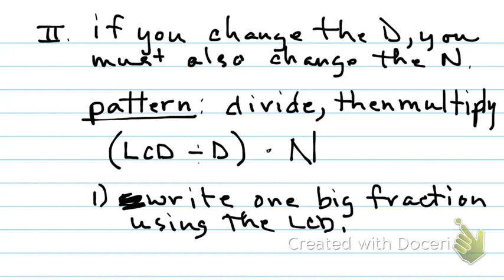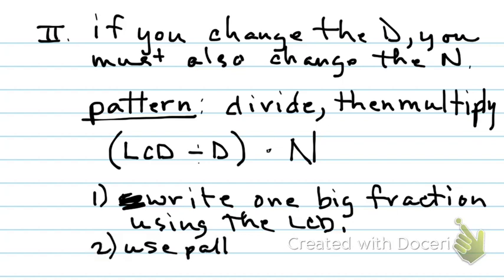Because I'm trying to put 2 or 3 fractions together anyway to make them one fraction, aren't I? Well, then why don't I just write it as one fraction in the first place? Does that make sense? Okay. And since I want the LCD to be my new denominator, that's what I'm going to use for the whole big fraction.